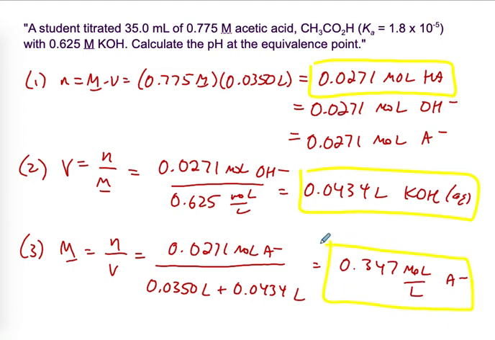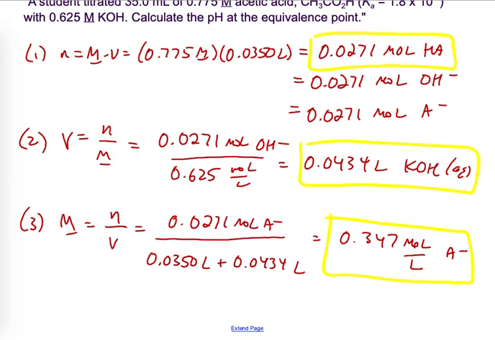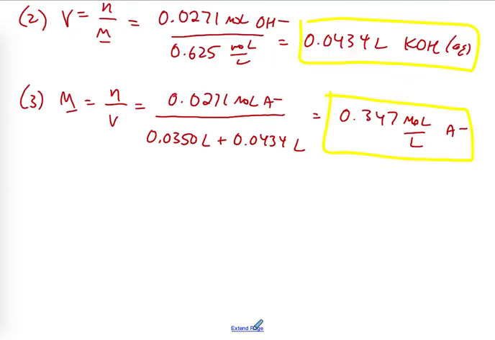So now in the final step, now that we know the concentration of acetate produced at the equivalence point, we can calculate the concentration of hydroxide and the pH. Here is the equation representing the ionization that occurs at the equivalence point. I can write my Kb expression.